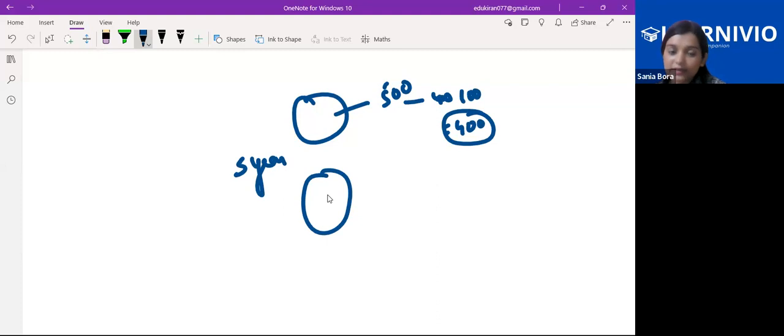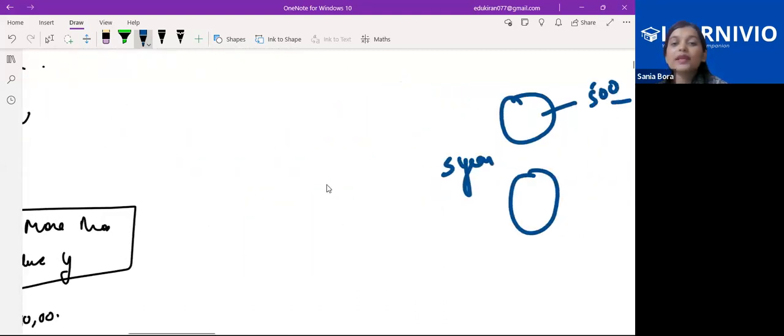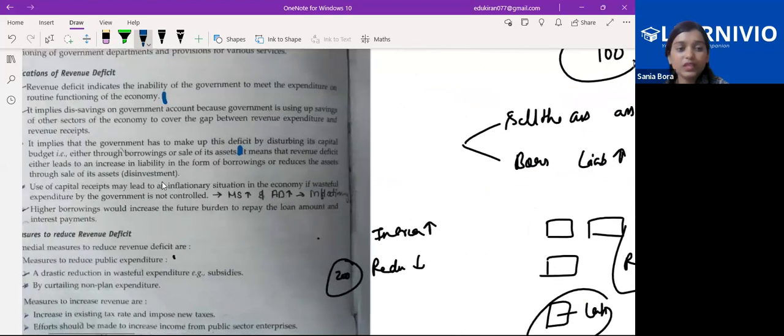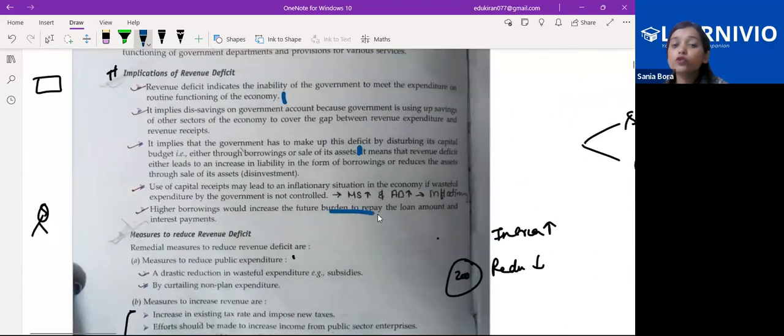Similarly, for example, the grandparents took a loan and they are no more, then who will pay? Their son. If he is no more, then his son will pay. So higher borrowing increases the future burden. The future generation would have to pay it, and plus you are not only paying the 400, there is interest as well. The longer you take, the higher the interest.